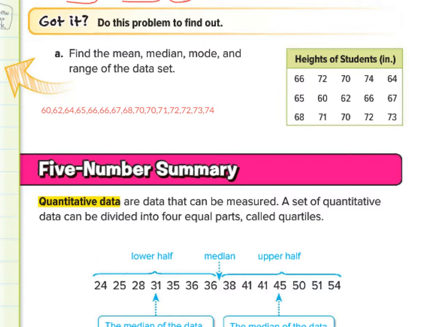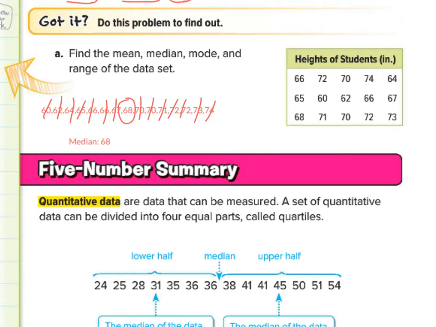And what I'm going to do is just cross them down the line as I go, where I will cross 60 first, 74, 62, 73, 64, 72, 65, 72, 66, 71, 66 again, 70, 67, 70, and that leaves me with 68 as my median. So we go ahead and we make note that our median is 68.